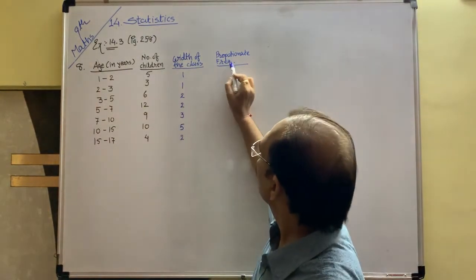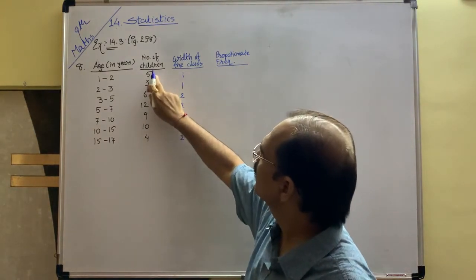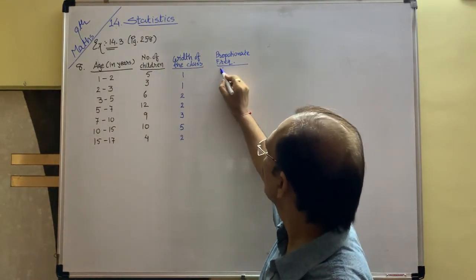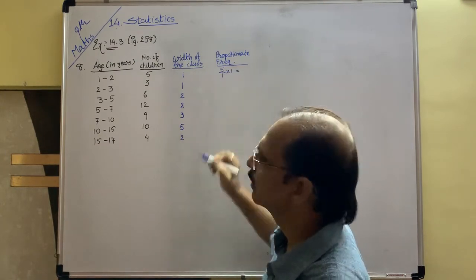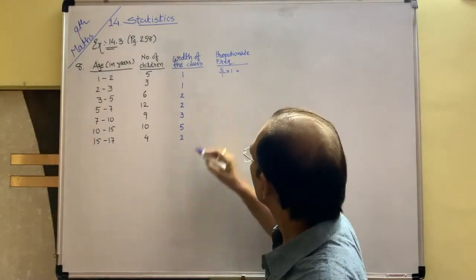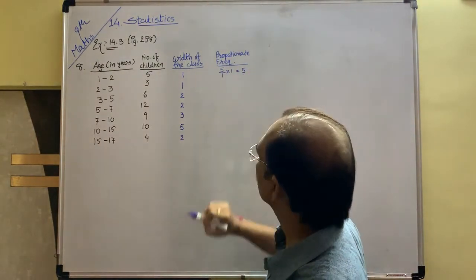Now see, how to find proportionate frequency. Frequency divided by width, multiplied by minimum width. 5 divided by 1, multiplied by minimum, that is 5.